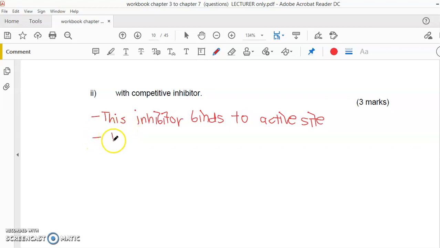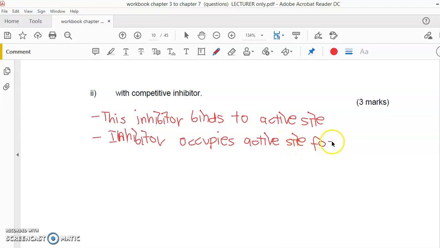So the inhibitor occupies the active site for temporary.